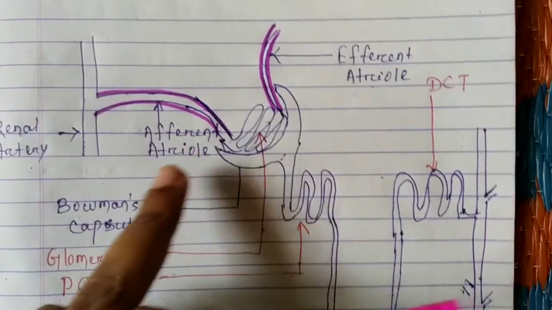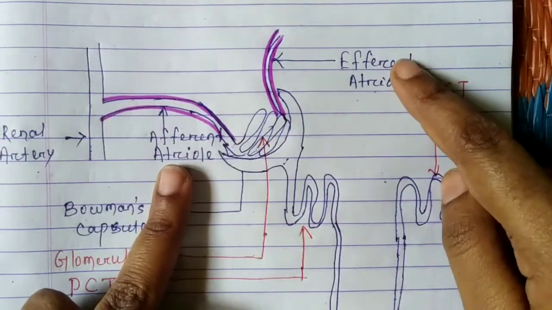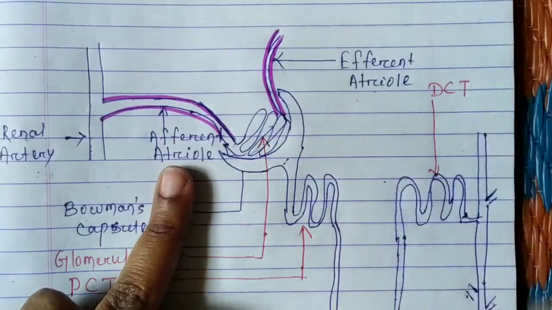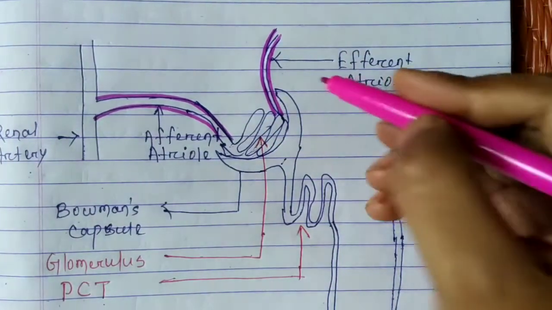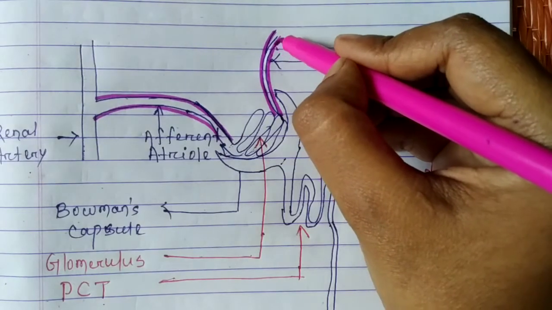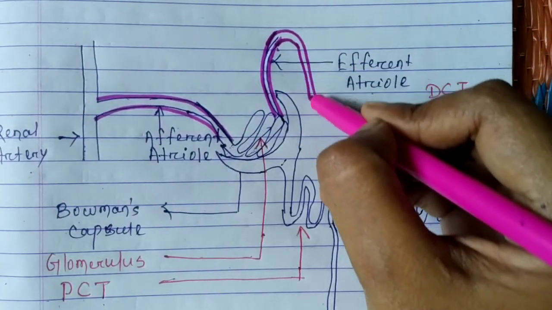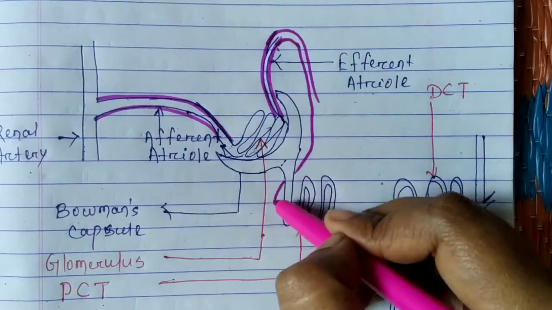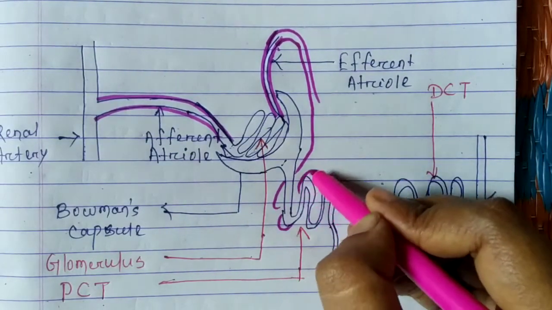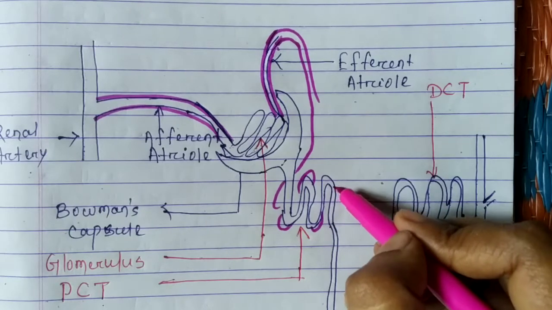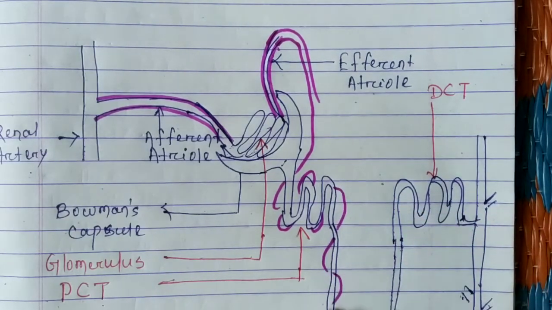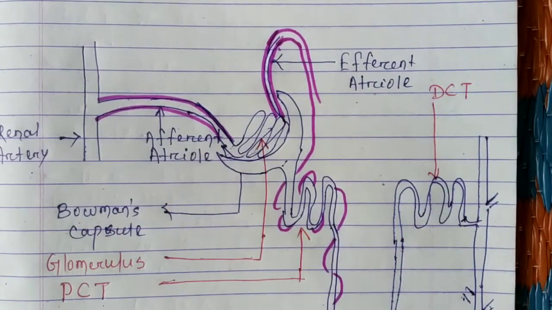I have shown the afferent and efferent arterioles in pink color. Now the efferent arteriole is connected to the distal convoluted tubule like this.